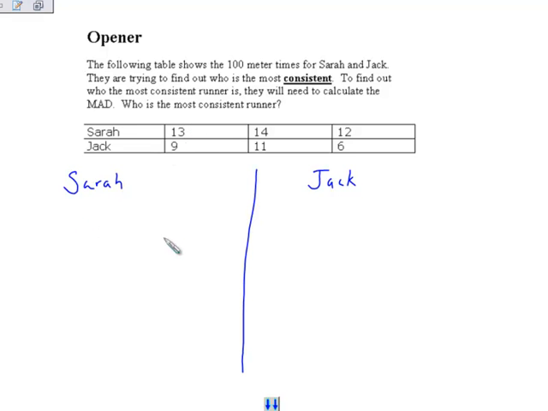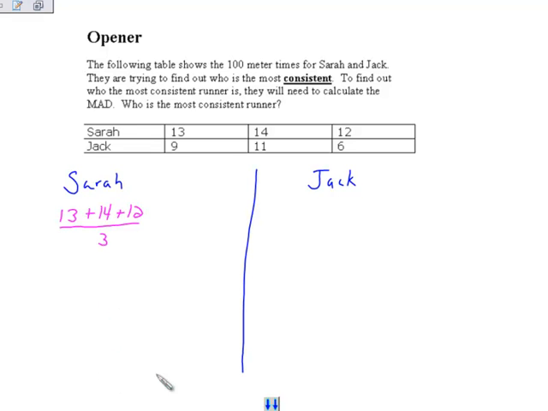What do we have to do for step 1? If you look over at the process chart, it says find the average or the mean of the data set. So we need to find the mean of Sarah's times. These are seconds, by the way. So 13 plus 14 plus 12, then we're going to divide all that by the number of data points. Luckily, there's 3.